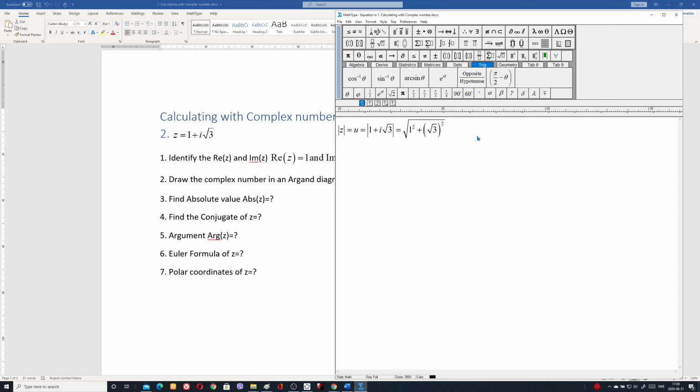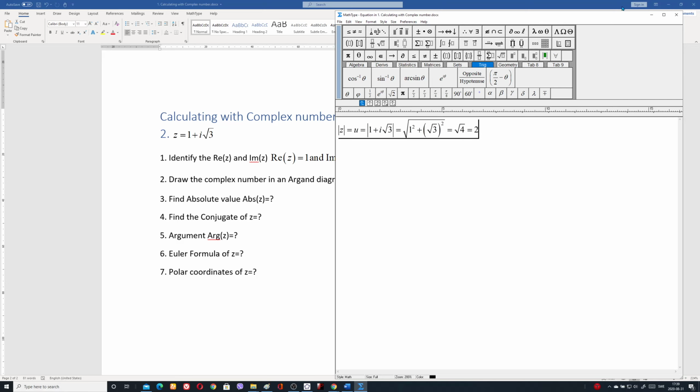Okay, and this one is nothing more than square root of 1 is 1, and 3 squared is 3, so 1 plus 3 is the square root of 4, and this gives 2.